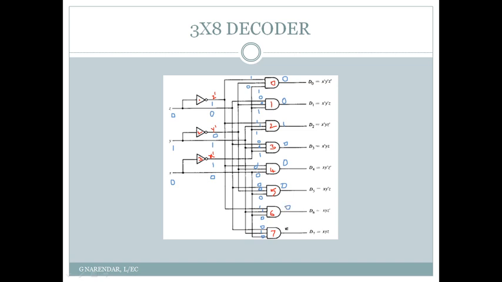Now you can see that out of all the outputs only one output is non-zero, that is D2. This non-zero output line is detecting the presence of the 0 1 0 code at the input of the decoder. In this way we can see how the various other codes are also detected by making the corresponding output line high by the decoder circuit.